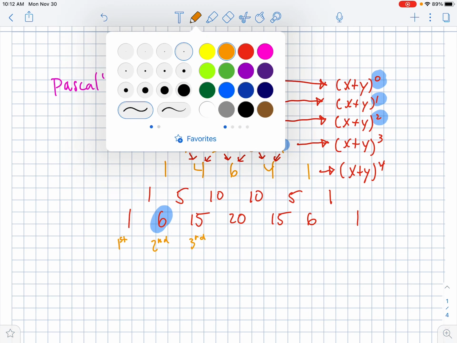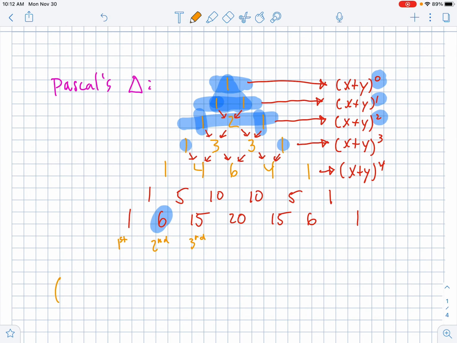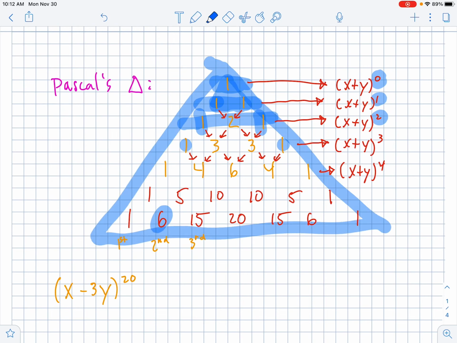But let's say on a test, I ask you something about x minus 3y to the 20th, like what's the fourth term in x minus 3y to the 20th, which is a possible test question. That's where we're headed. You would have to build Pascal's triangle to the 21st row to find the coefficients of to the 20th.